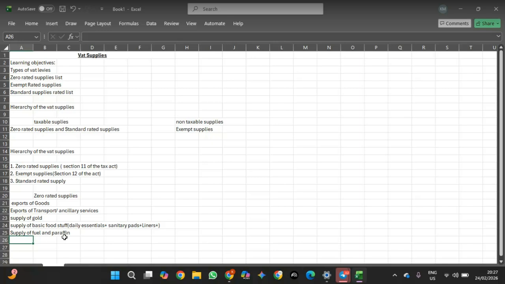So when you come to fuel, including your petrol, your diesel, your biofuel and stuff like that, we are including all of those as part of the supply of fuel. What they are trying to do here is avoid double taxing the same item.